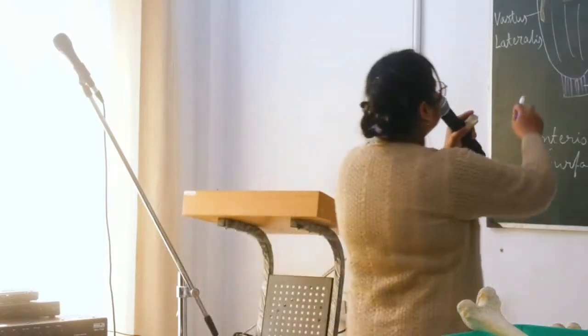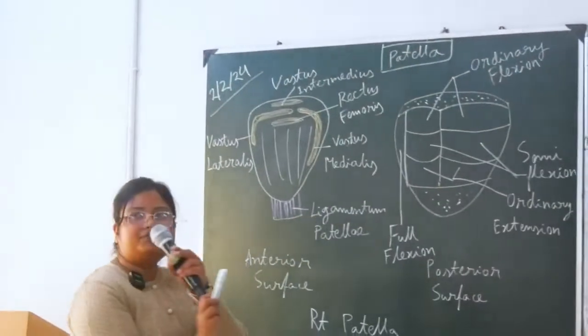So first, the articulation. How will you identify the anterior and posterior surface? The posterior surface has a larger articular area. See here, in this view, this is the anterior view. Here is the posterior view.